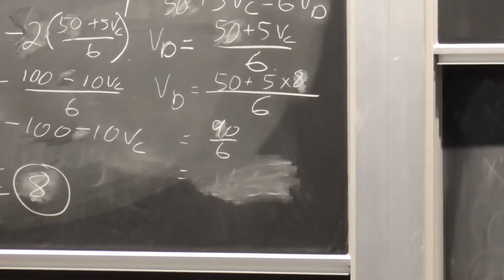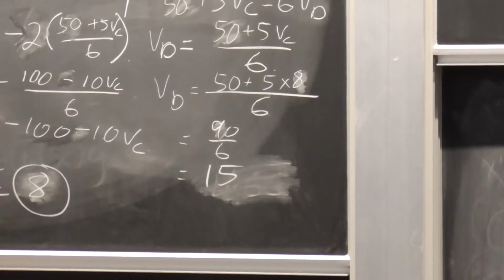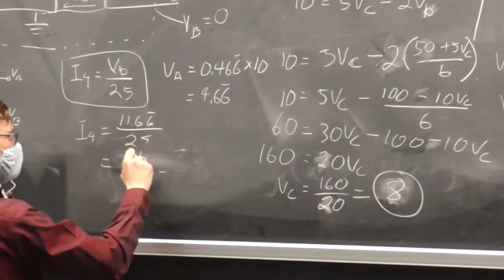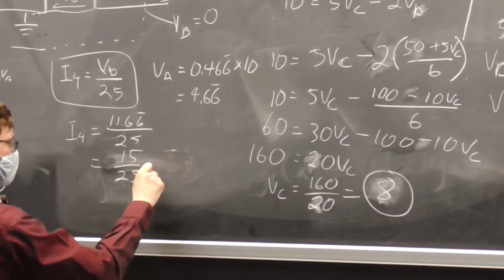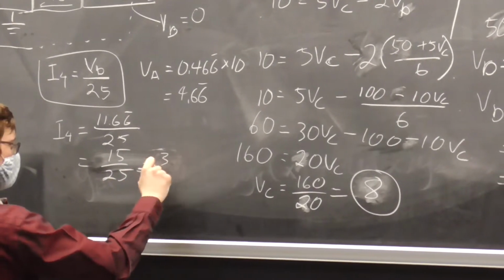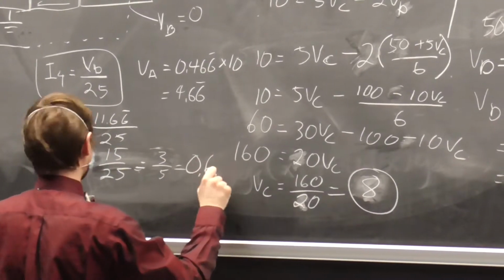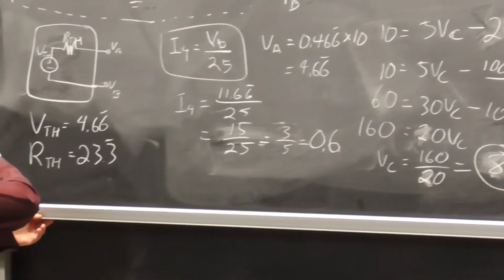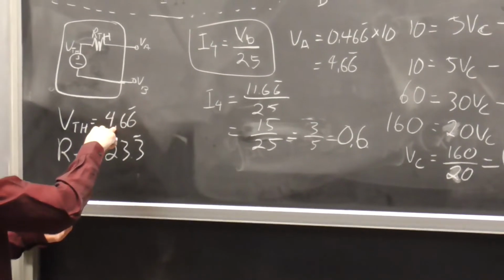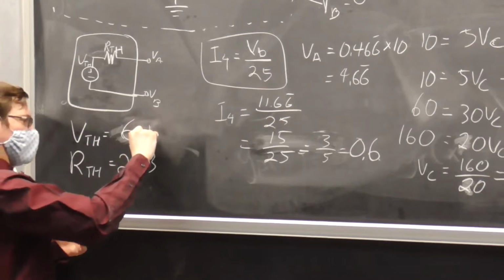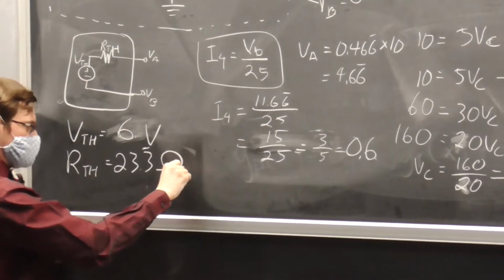Yeah, that's true, isn't it? 15, there we go. This is 15 over 25, which is 3 over 5, which is 0.6. So 0.6, it becomes 6. Okay, volts, ohms.